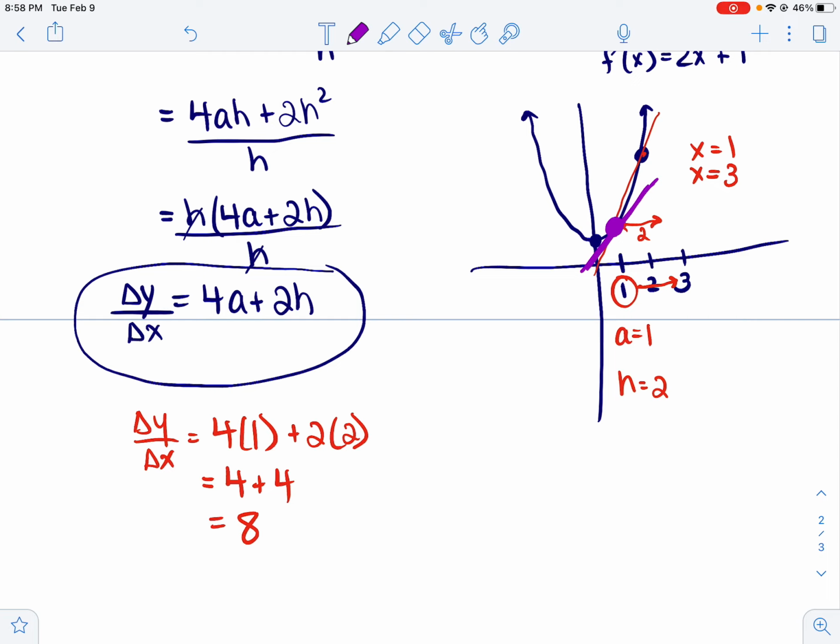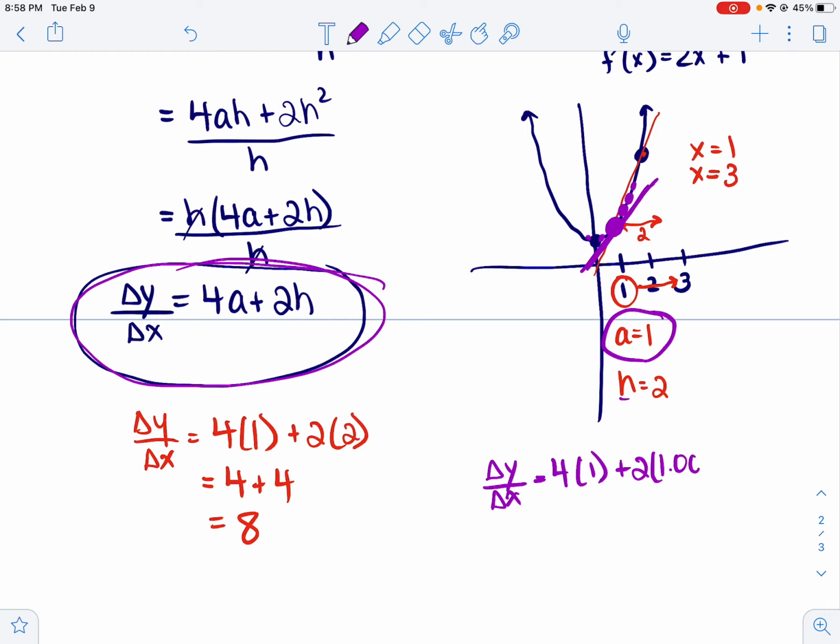I am going to pick 1 as my a value, and I just want h to be really small. So maybe I'll start picking values to the right of my point and to the left of my point. So using the difference quotient answer that I got, I will just try different things. I need a to be 1, and then h maybe is 1.0001, and then I'll see what I get.